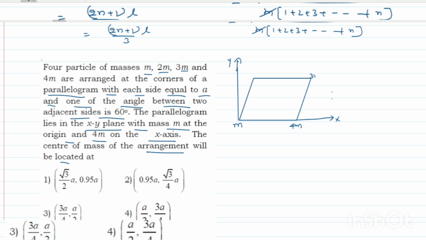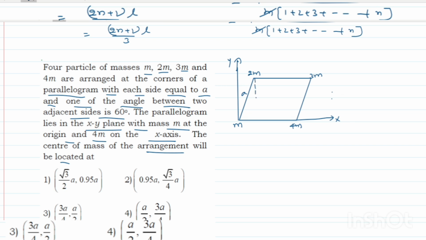So whatever it may be, here you can take 3m as an assumption, and here 2m as an assumption. And the parallelogram side equal to a is given. Now look at the adjacent side, students; it is making an angle of 60 degrees.